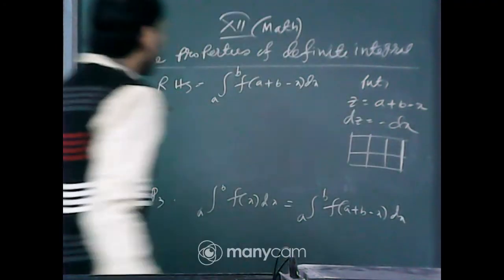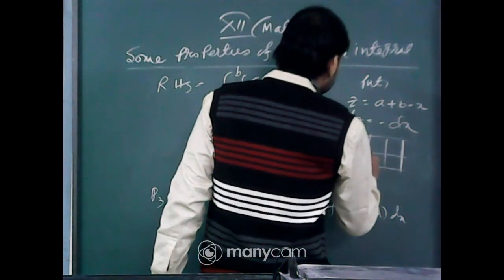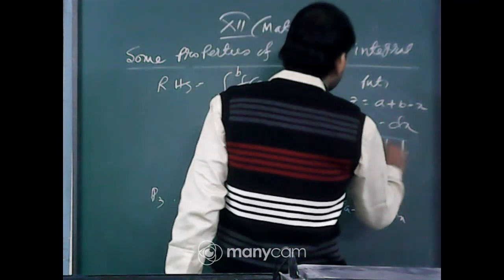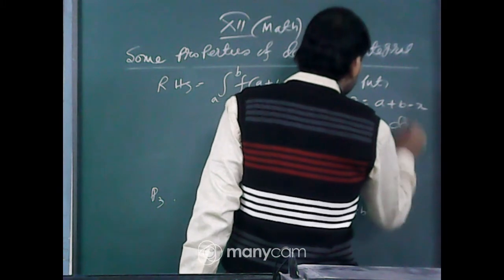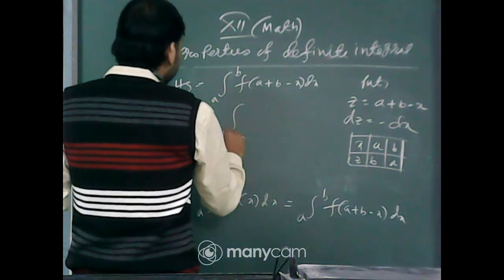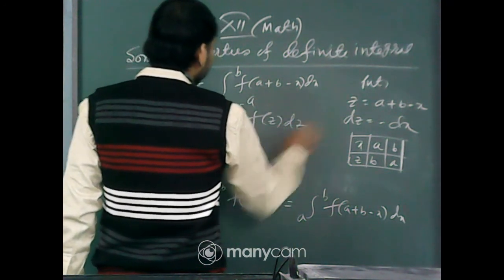Just change the limits for the new variable. Whenever x equals a, z equals b. Whenever x equals b, z equals a. That means it will be minus b to a f(z) dz.